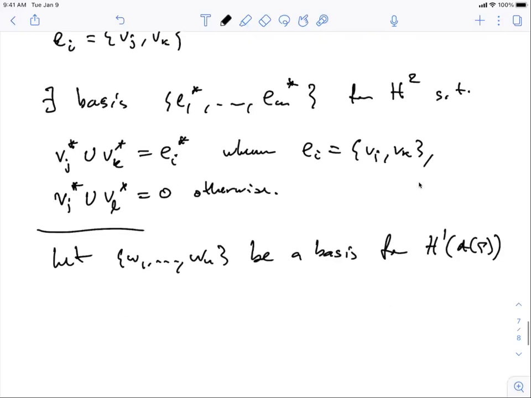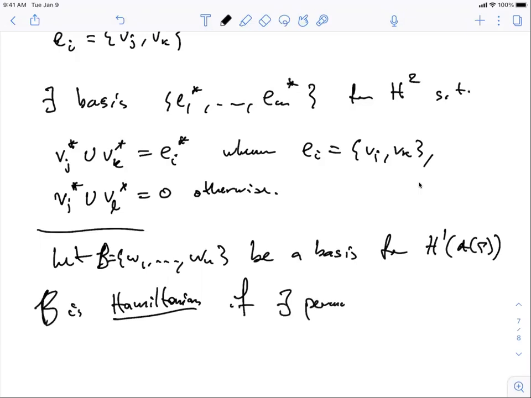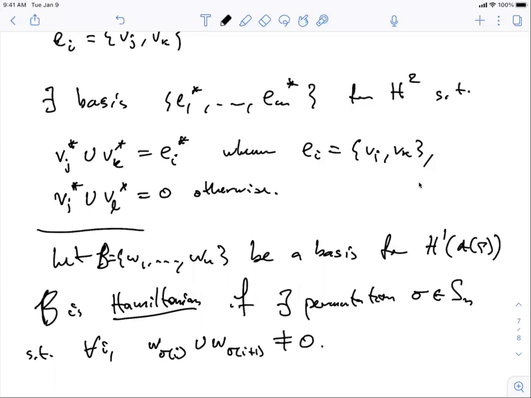And we say that, let's name it script B, B is Hamiltonian if there exists a permutation sigma in Sn such that for all i we have W of sigma i cup W of sigma i plus 1 is not equal to 0.